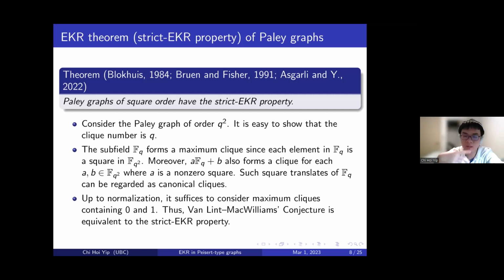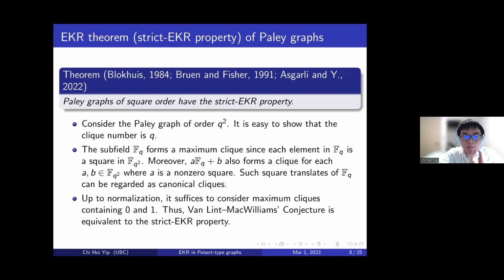I will talk about a more general result in later slides. But before doing that, let me first point out the equivalence between the Van Lint-MacWilliams conjecture and the analog of the EKR theorem for Paley graphs.